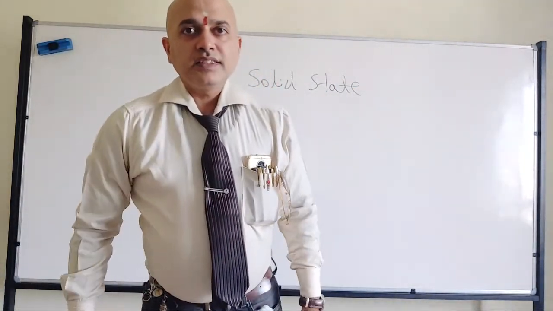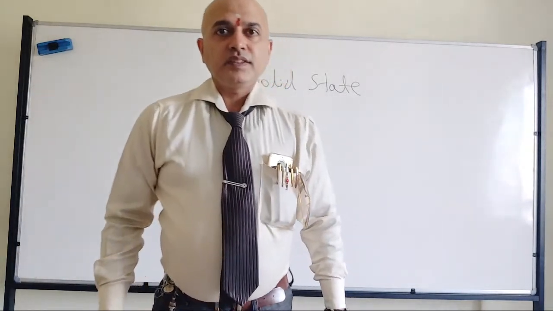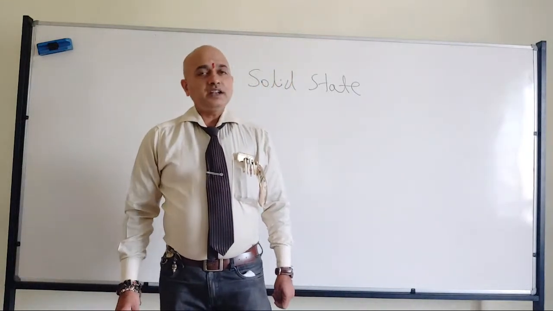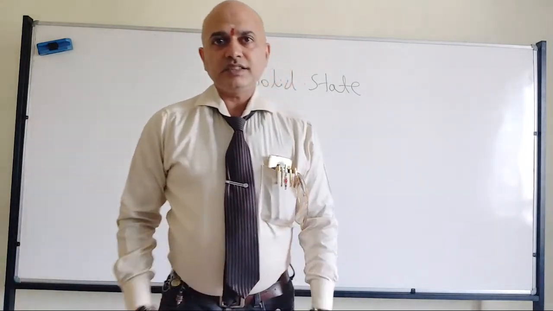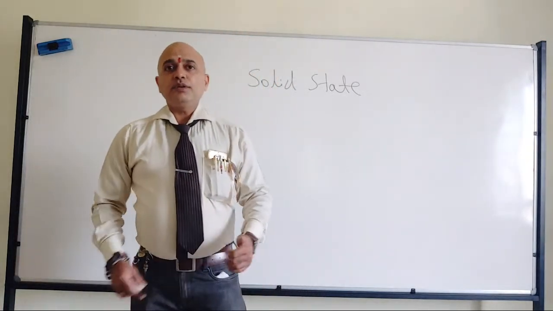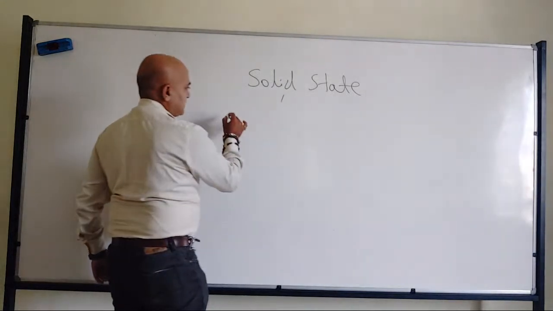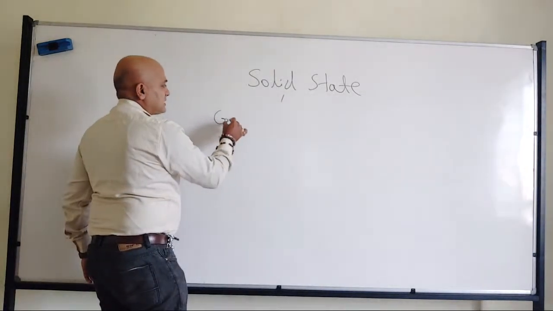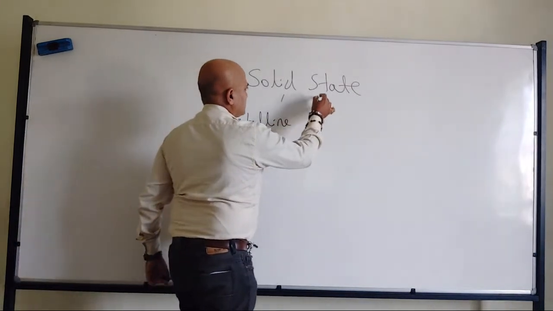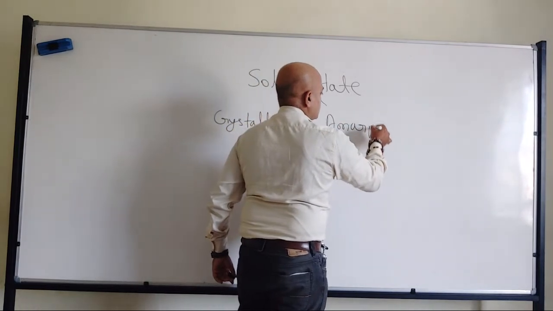Now when it comes to solid state, what all have we discussed three to four days back? We have discussed types of solids. One is crystalline solid and another one is amorphous solid.